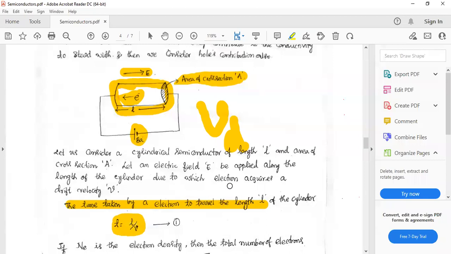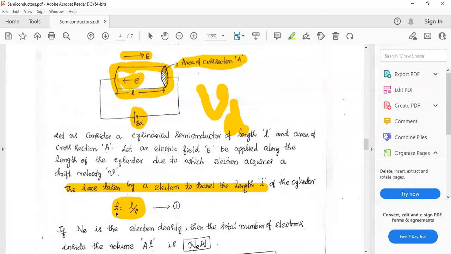You know that velocity V is equal to length divided by time, or you can say time taken by the electron to travel this distance L is equal to L divided by V. Okay, I hope you can digest this formula. T is equal to L divided by V. Again, T is the time taken by the electron to travel this distance L.